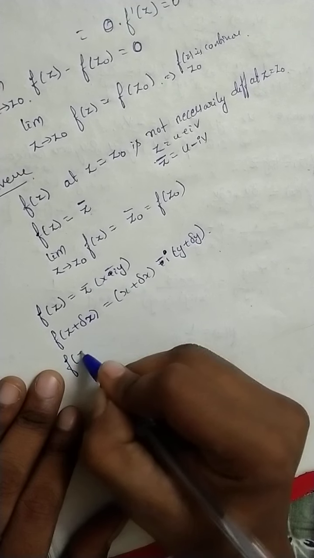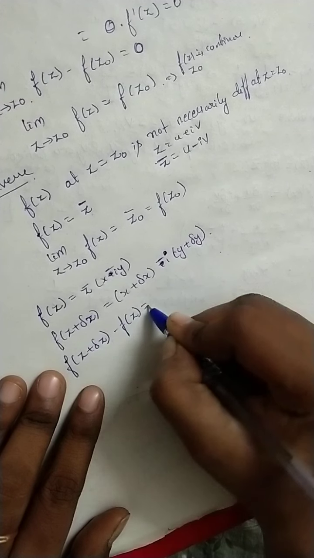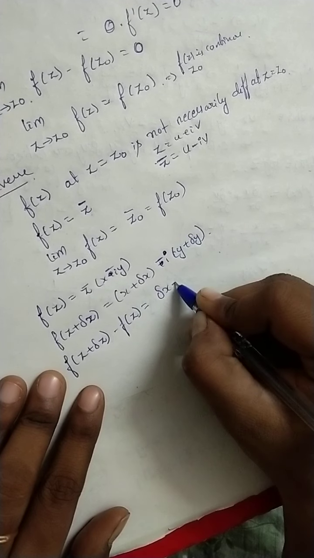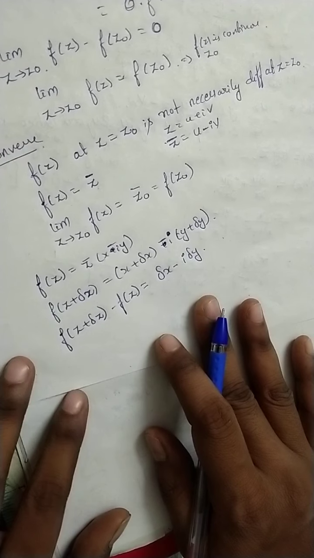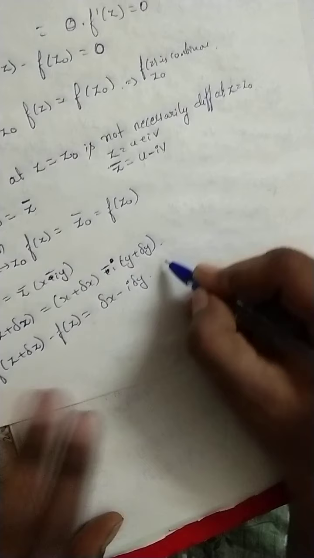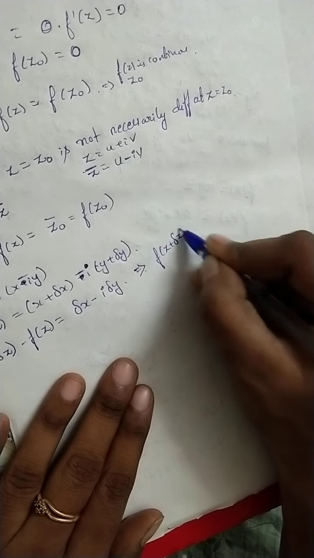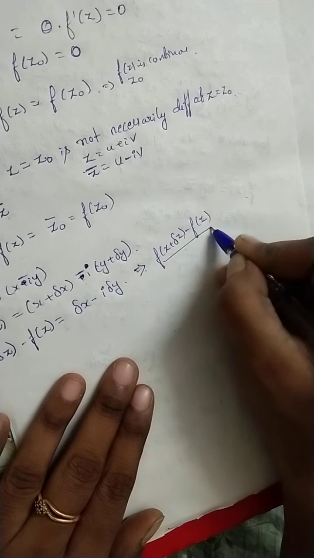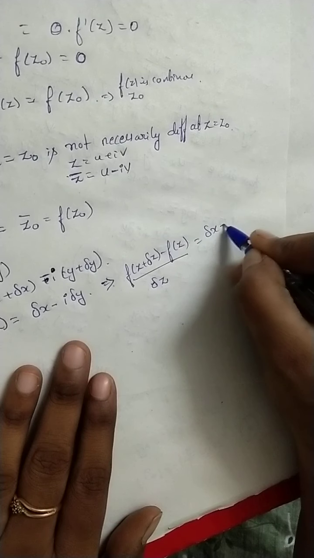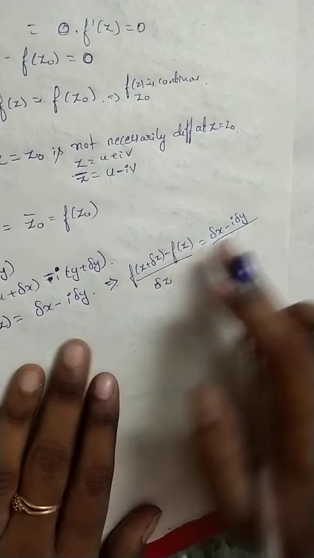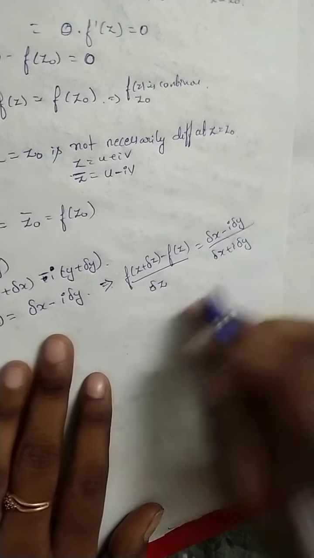So f of z plus dou z minus f of z is equal to dou x minus i into dou y. Which implies f of z plus dou z minus f of z, all divided by dou z, is equal to dou x minus i into dou y, divided by dou x plus i into dou y, the dou z part.